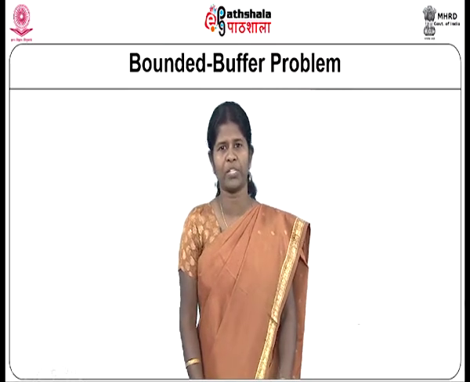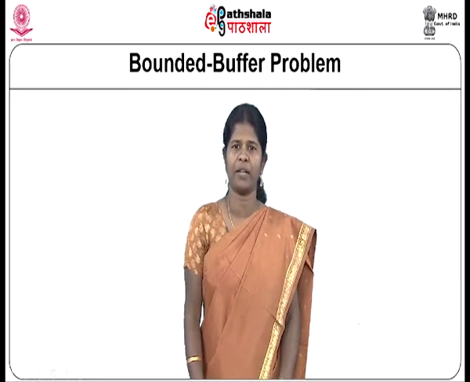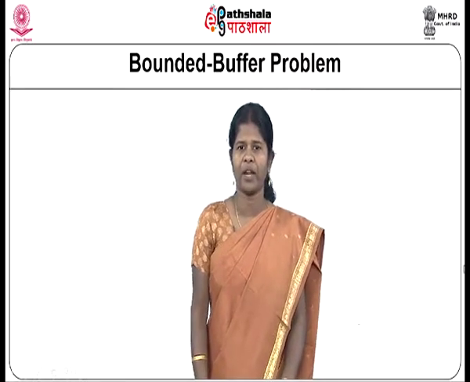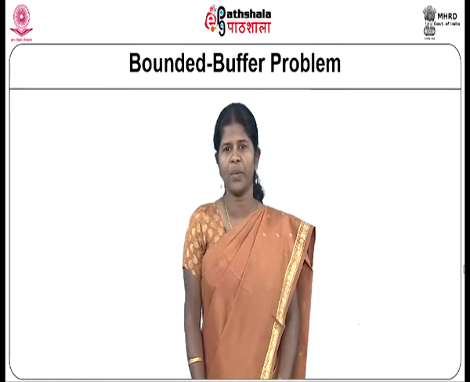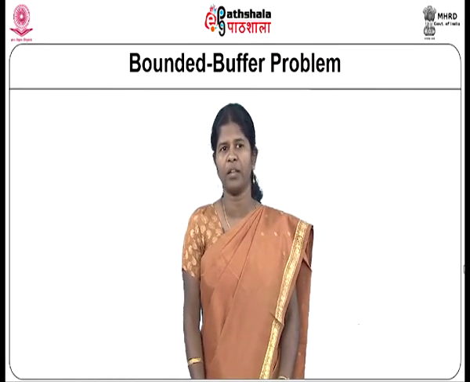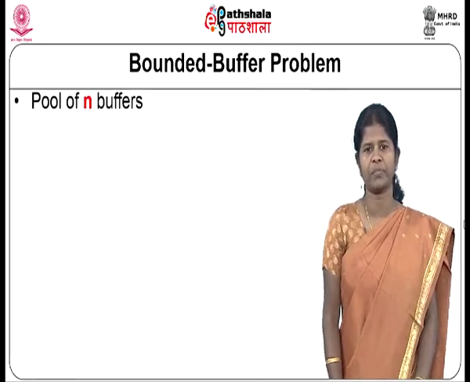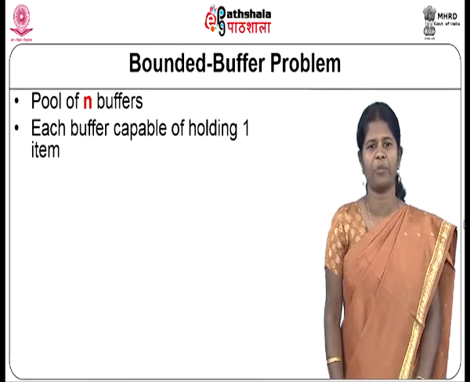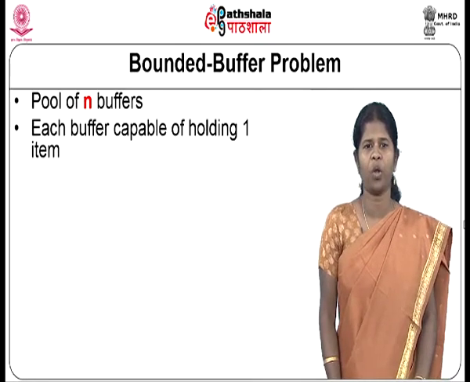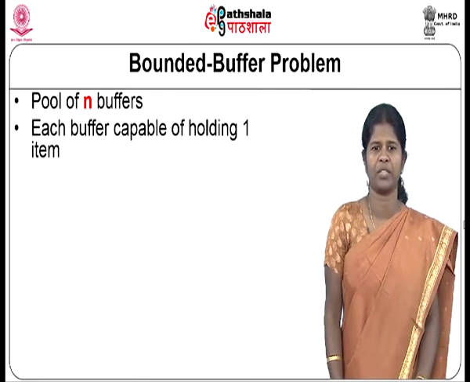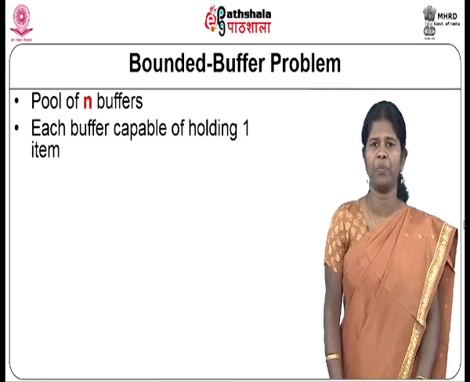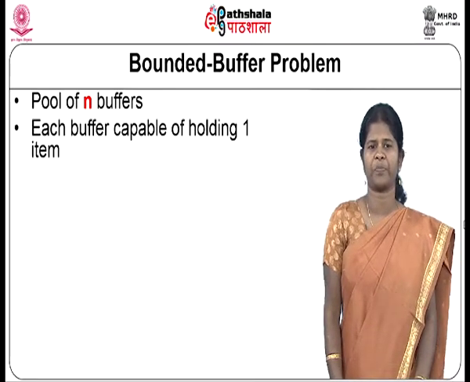This problem we had seen in an earlier module, and we tried to give a solution a different way. Today we will see how the solution is given using semaphores. In the bounded buffer problem, you have a pool of n buffers, and each buffer is capable of holding one item.